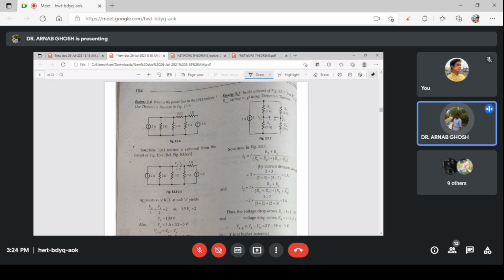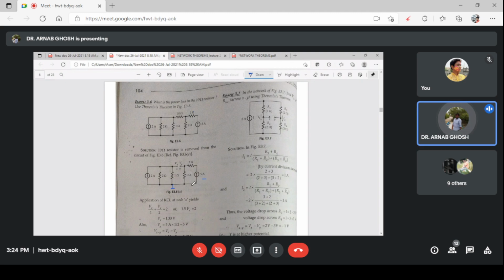So what will be the potential here? The 1 ohm carries 5 ampere. If you take the node Y voltage as Vy, and this will also be ground, then Vy minus 0 by 1 will be equal to 5 ampere.